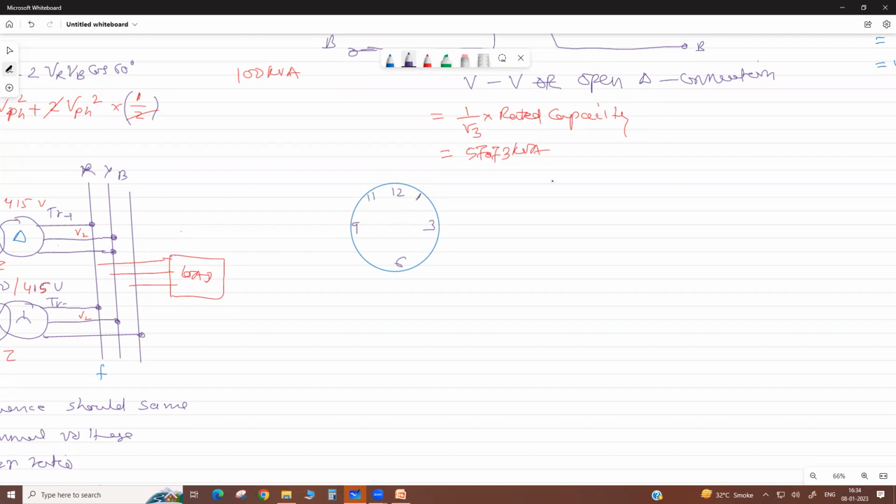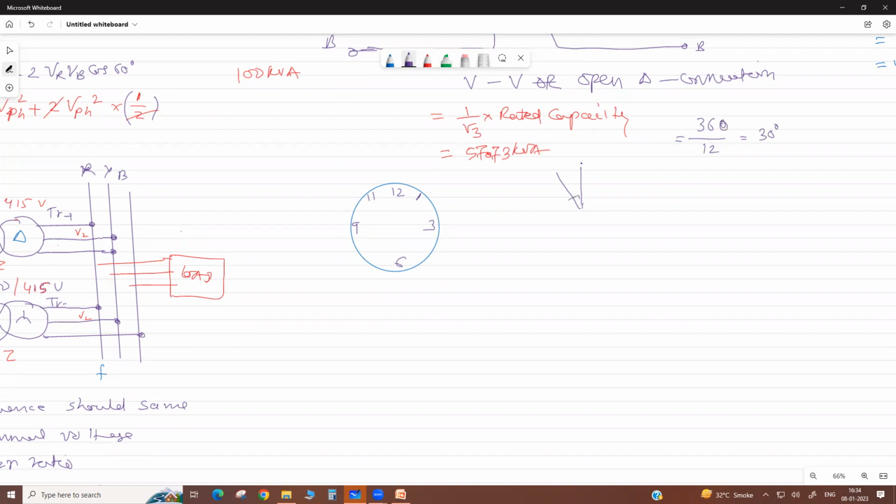Between 2 hours of a clock, we get 30 degrees, like 12, 11 or 12, 1, because 12 divides 360, comes to 30 degrees, 360 by 12.